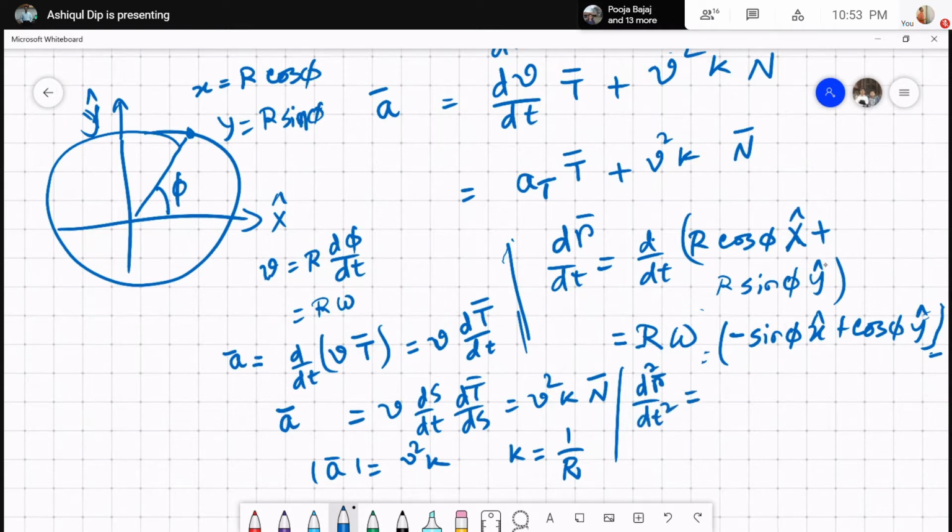Here you have your r that remains there, and that omega also remains there. But when you take the derivative, you have a variable phi inside of it, so you have d phi over dt again. That gives you omega squared. And you're left with negative cosine phi x hat plus sine phi y hat. Right?